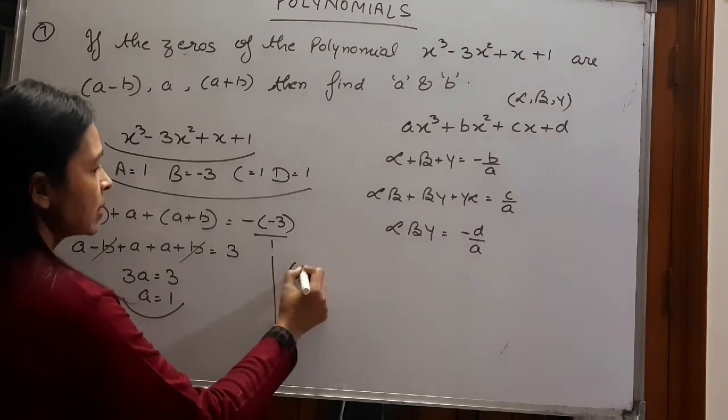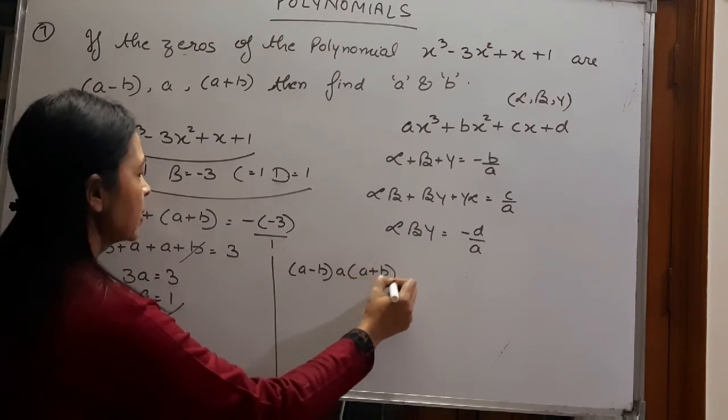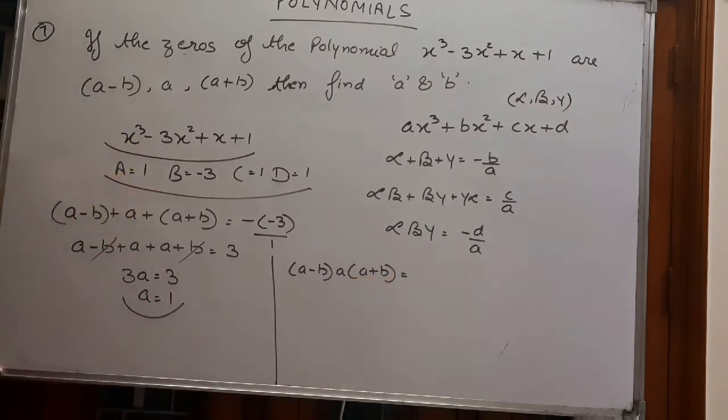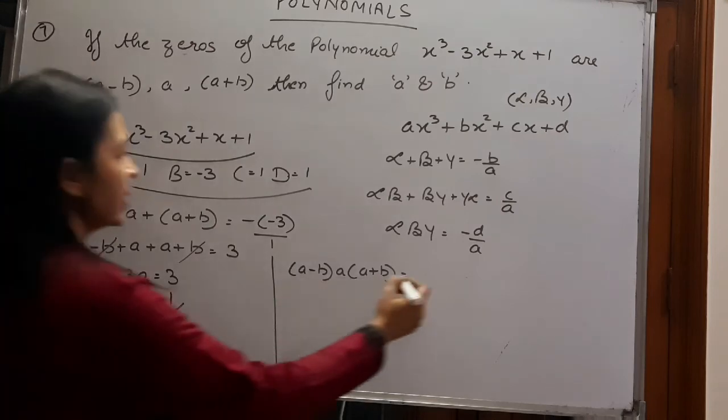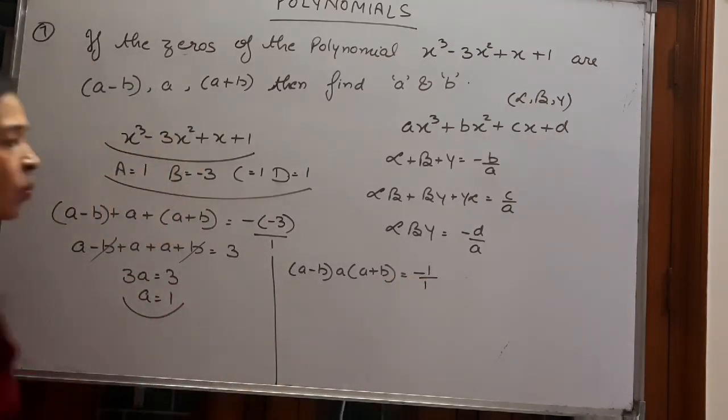What is the product of zeros? a minus b into a plus b is equal to minus d upon a, that is minus 1 by 1. The value of a is 1.